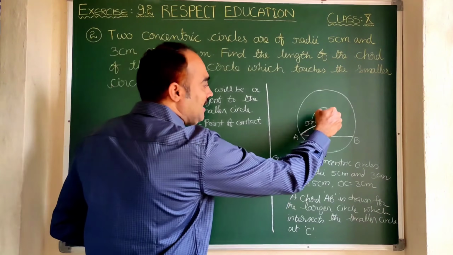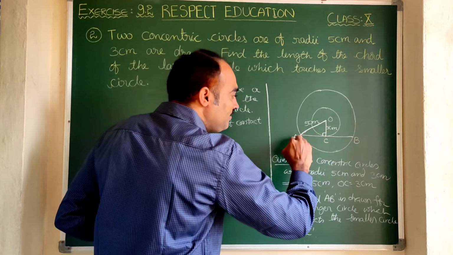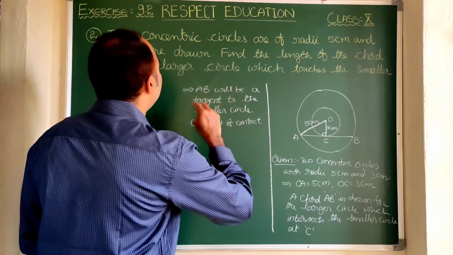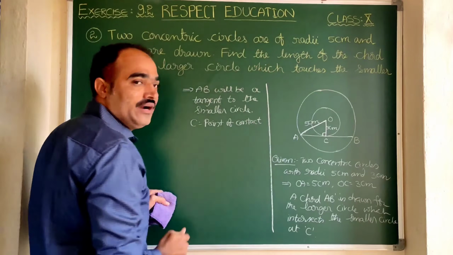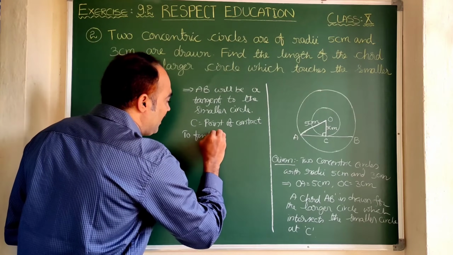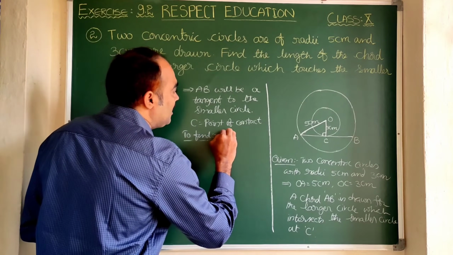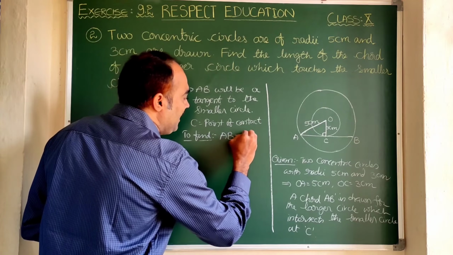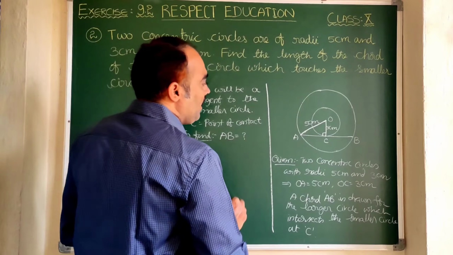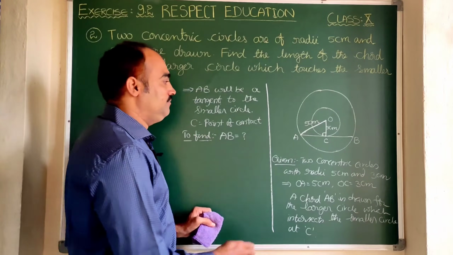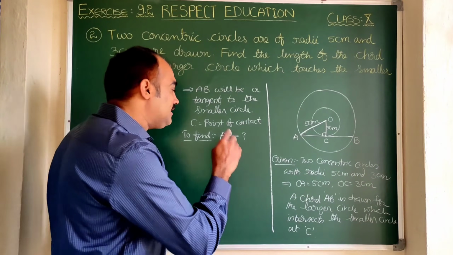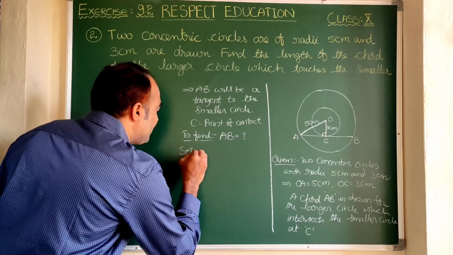We know that the angle between the radius and the tangent is 90 degrees. Before that we write what to find here. Find the length of the chord. So here let us write, to find the length of the chord. That means here AB is the question mark for us. Right. Here if we observe carefully, what is the angle at C here? 90 degrees. Let us start the solution from there.